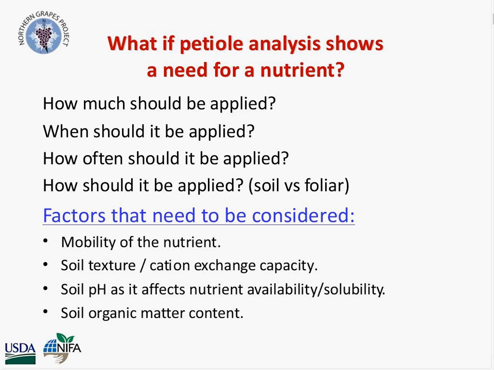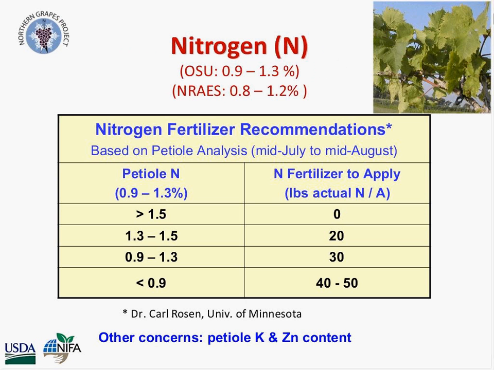We see more responses from the vine to low levels or excessive levels, and so based upon petiole analysis, Carl has come up with this table based upon the Midwest Grape Production Guide.